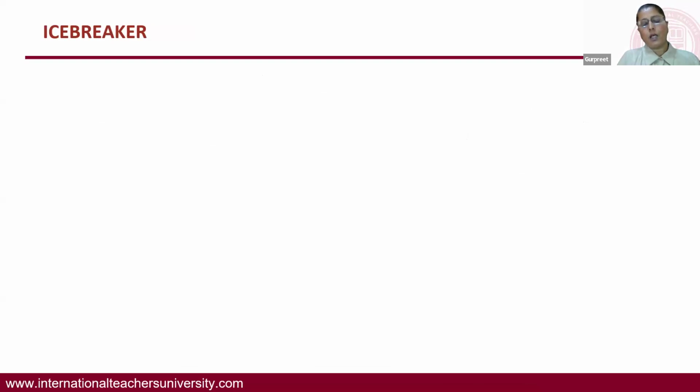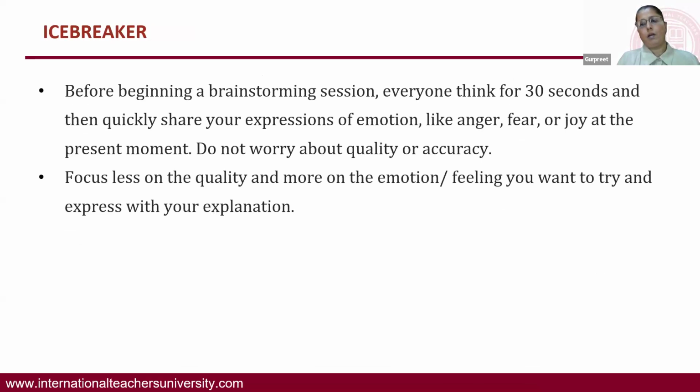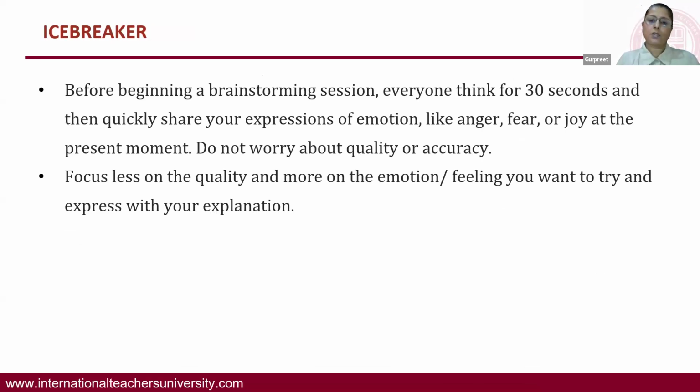So first and foremost, I would like to take up a call. Before that, I would like you to think upon your emotional state, that is, the emotions or the feelings you are having just now, at the present moment. You can quickly share your expressions of emotion like anger, fear, joy, sadness, being offended, or happy, elated, or whatever you feel like, and just crystallize it into one single word in the chat box or in the Mentimeter.